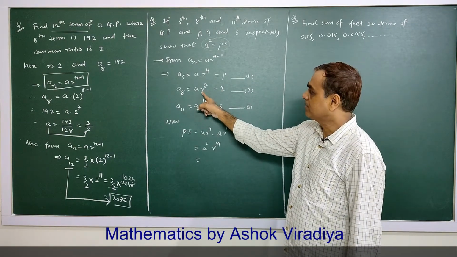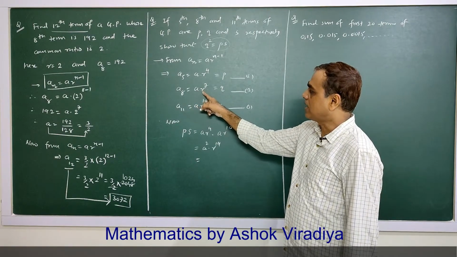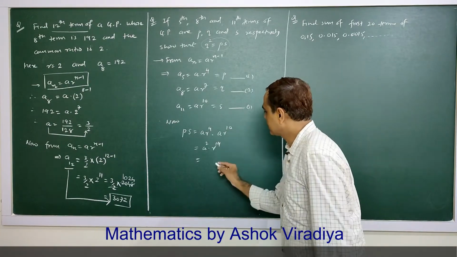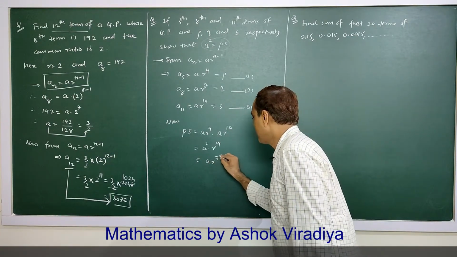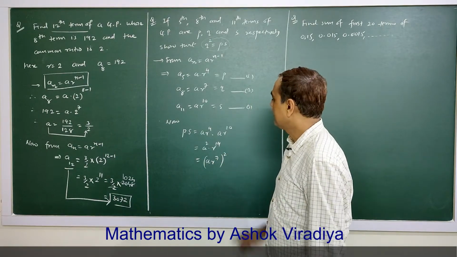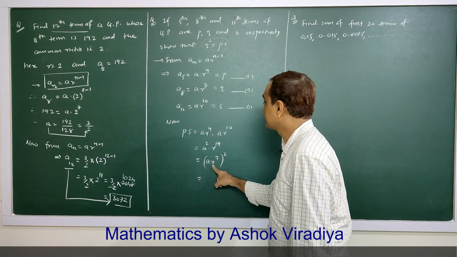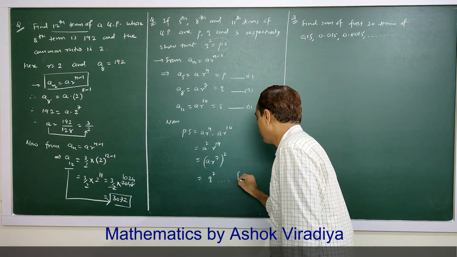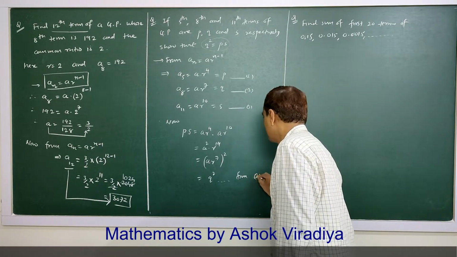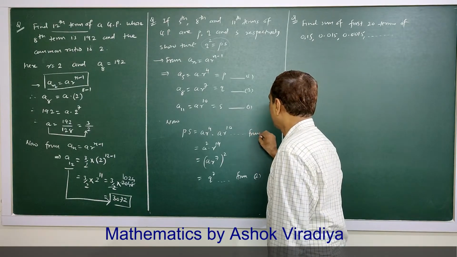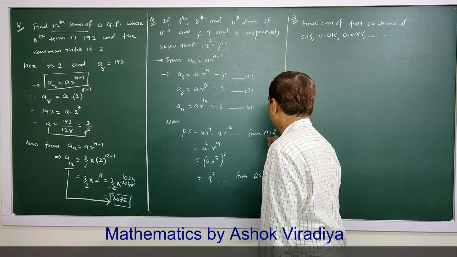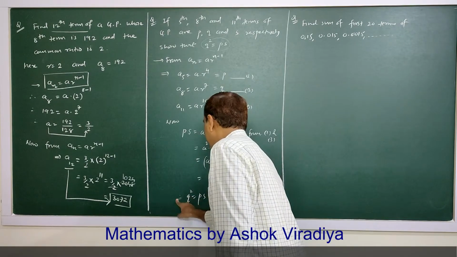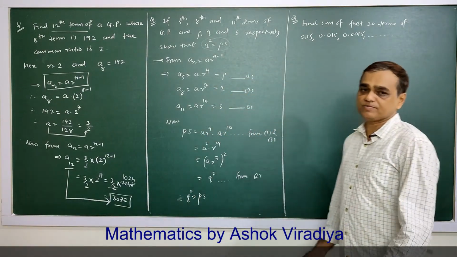And what is the square of this number? A square into R raised to 14. So this can be expressed as A into R raised to 7, whole square. And what is it? It is Q. So this is Q. These values are from 1, 2 and 3. So therefore Q square is equal to P into S is derived.